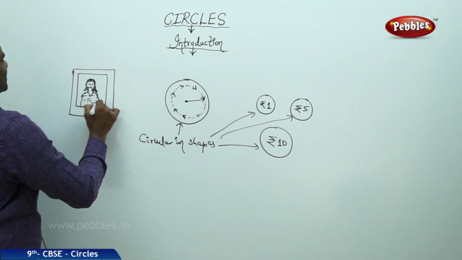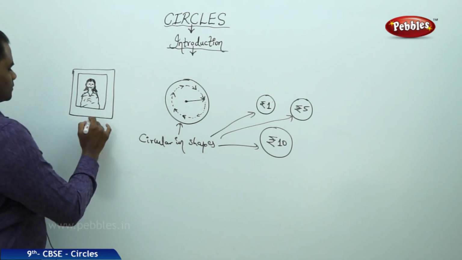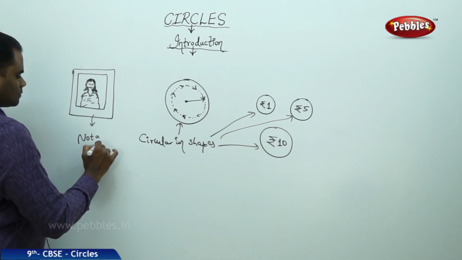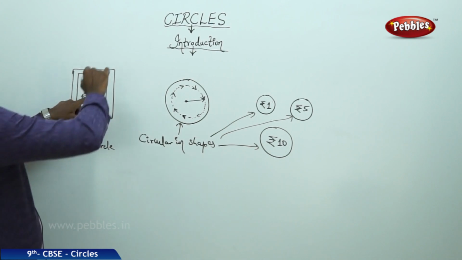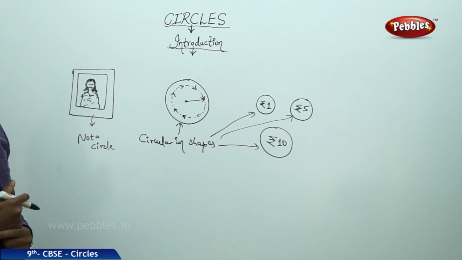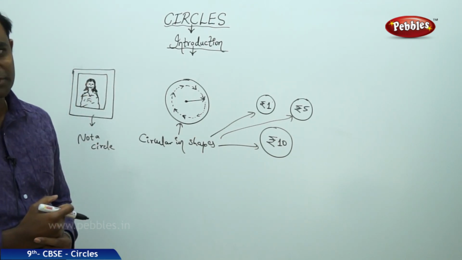This is not a circle, because if you take a fixed point and move along the side, it does not form a circular shape. Any fixed point and then move, it does not form a fixed shape.